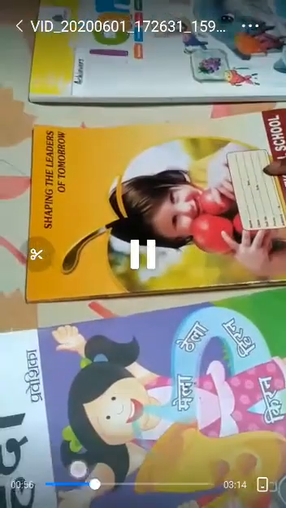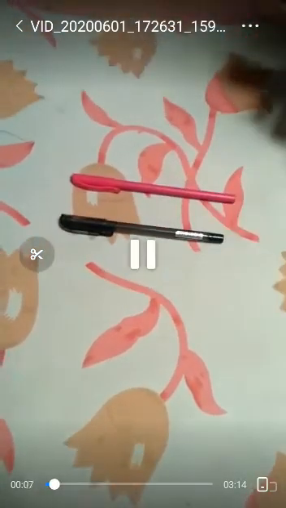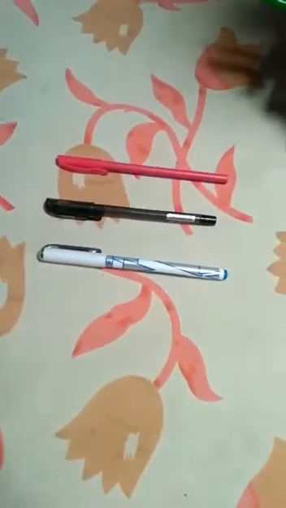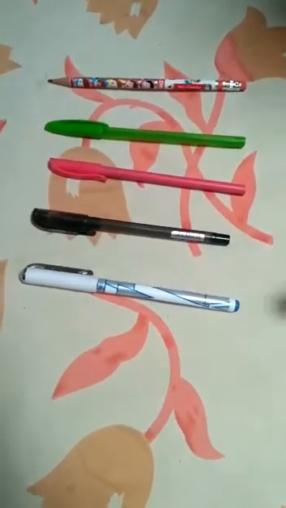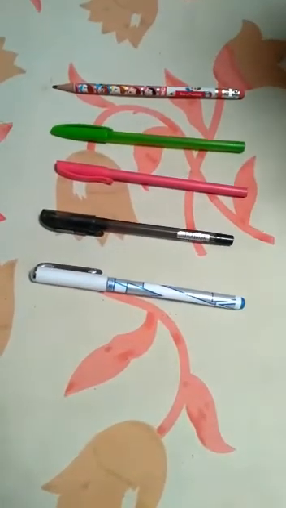Good. This is a notebook. These are books. Students, let's learn the activity odd one out. See, what are these? These are pens.